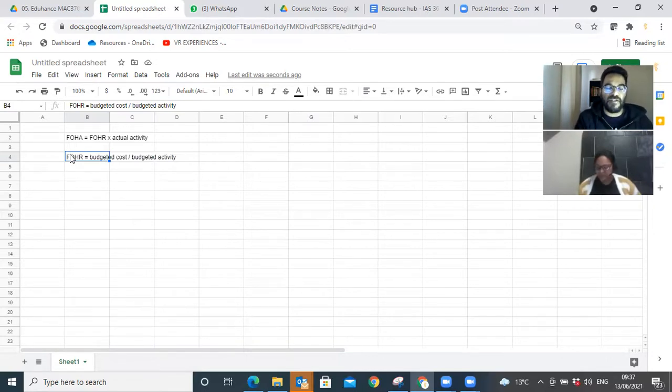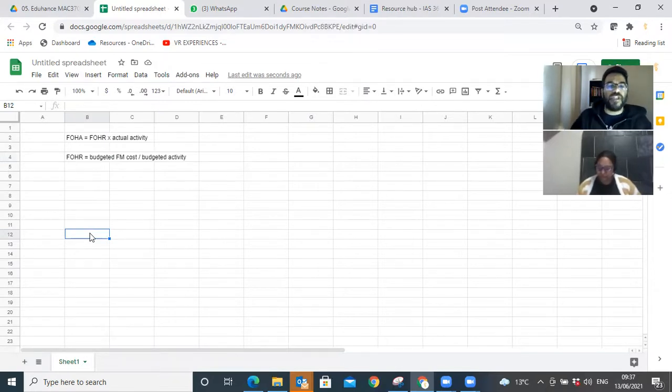Budgeted costs. And remember, we're working out the fixed overhead rate, so it's budgeted fixed costs divided by budgeted activity. This fixed cost is the fixed manufacturing cost. So to make it clear, I'm just going to write here, fixed manufacturing costs. So the fixed overhead rate is budgeted fixed manufacturing costs divided by budgeted activity.